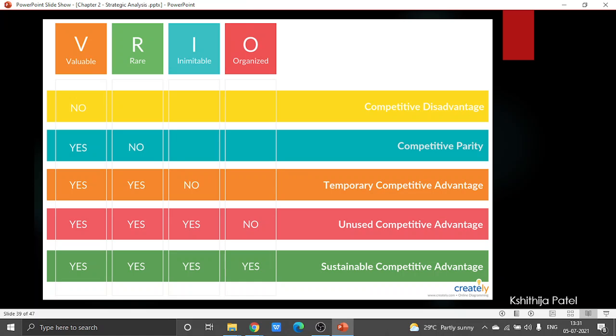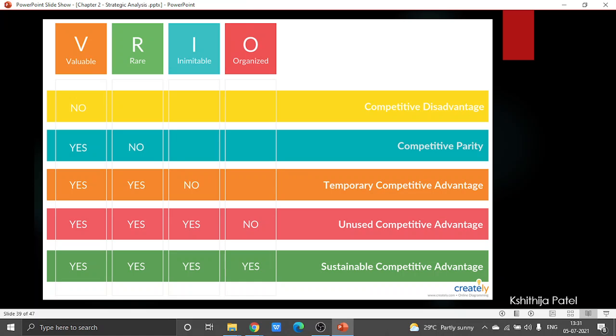The third one tells that if the organization's resources are valuable and rare, but imitable, then it can only bring a temporary competitive advantage. The fourth element is that if the resources are rare, valuable, and not imitable, but the organization is not organized, then it is a stage where the competitive advantage is not being used.